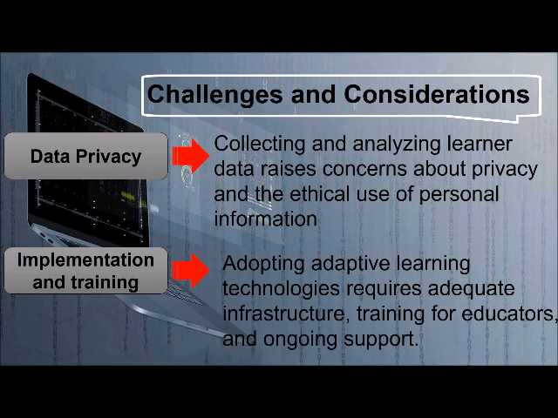And actually, it is the biggest challenge for school administrators and their educators to become more familiarized and more organized in implementing adaptive learning technologies.